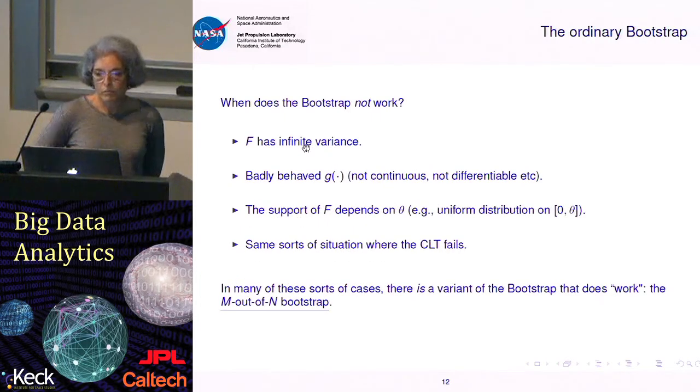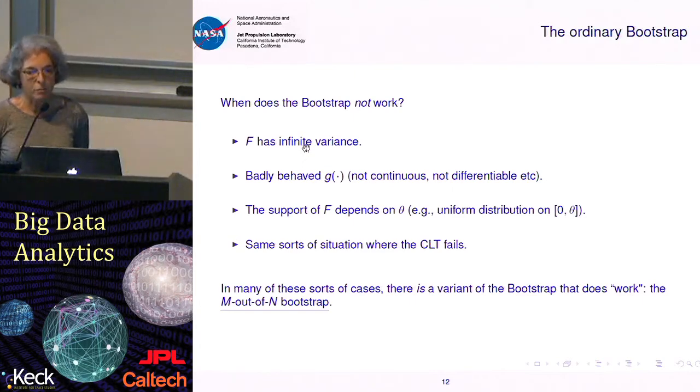So if you weren't depressed enough by that already, then here's some more things to be depressed about the bootstrap, which is here's when it doesn't work. These badly behaved transformations or sample statistic calculations where things aren't continuous or differentiable.